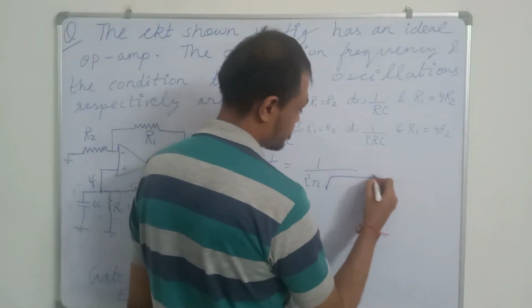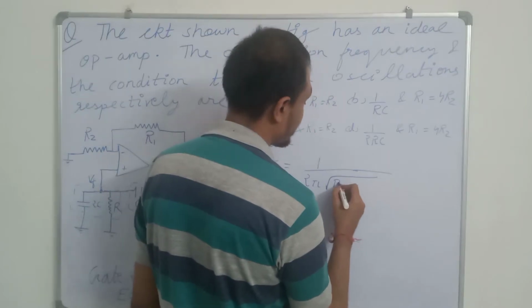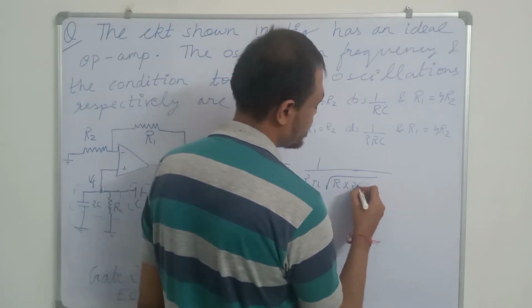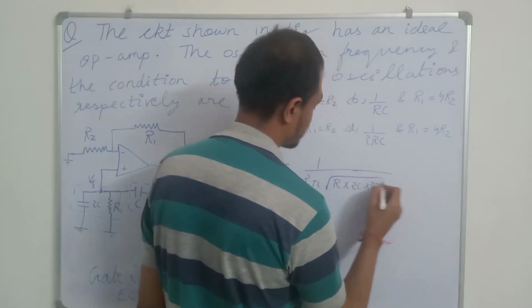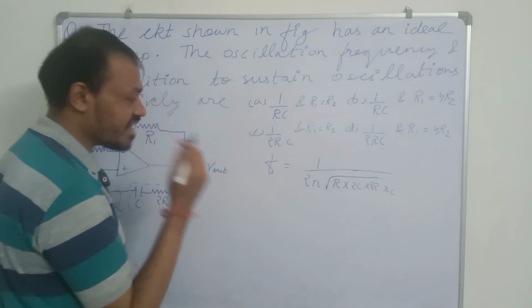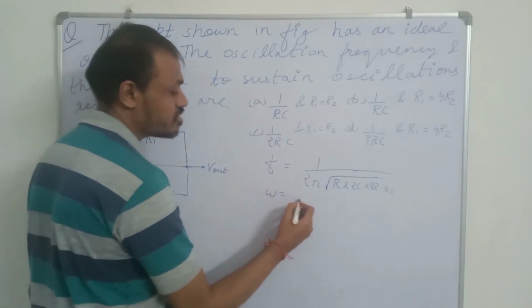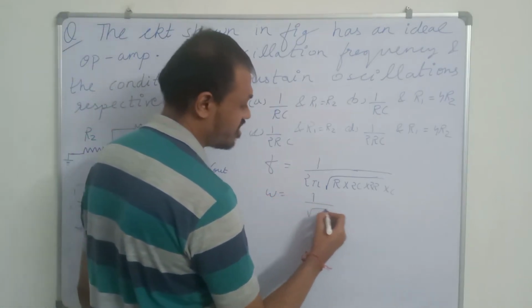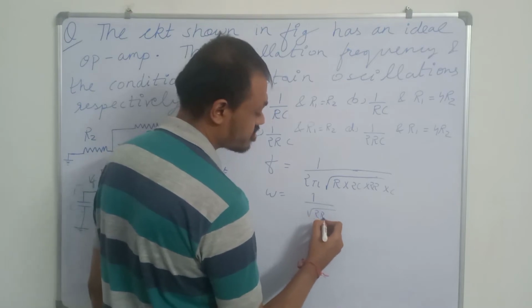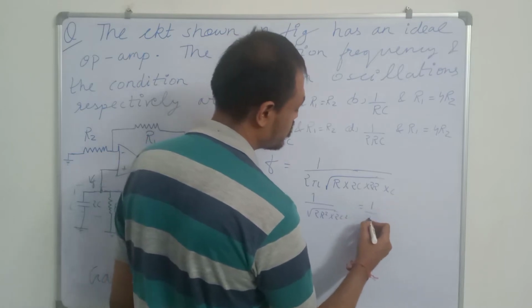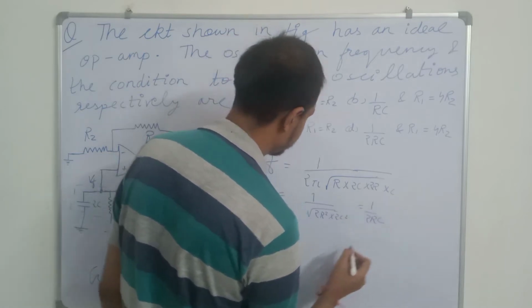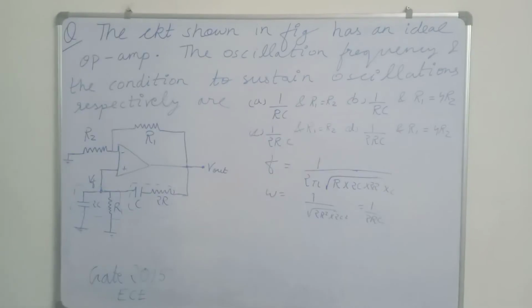So it will be equal to R into 2C into 2R into C. If we find omega, then omega will be equal to 1 upon the square root of 2R square into 2C square, so this will be equal to 1 upon 2RC. This is the oscillation frequency for this circuit. Now we have to find the condition for sustained oscillations.